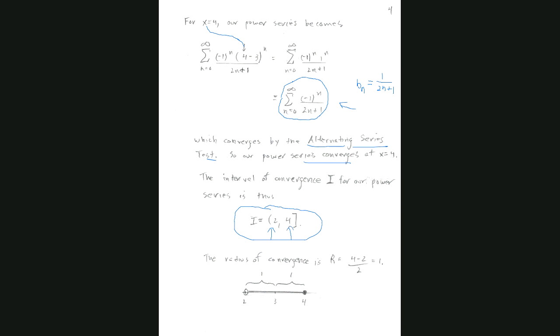And so you have a closed symbol there on the right. This is just interval notation. And the radius of convergence, of course, would be equal to 1.